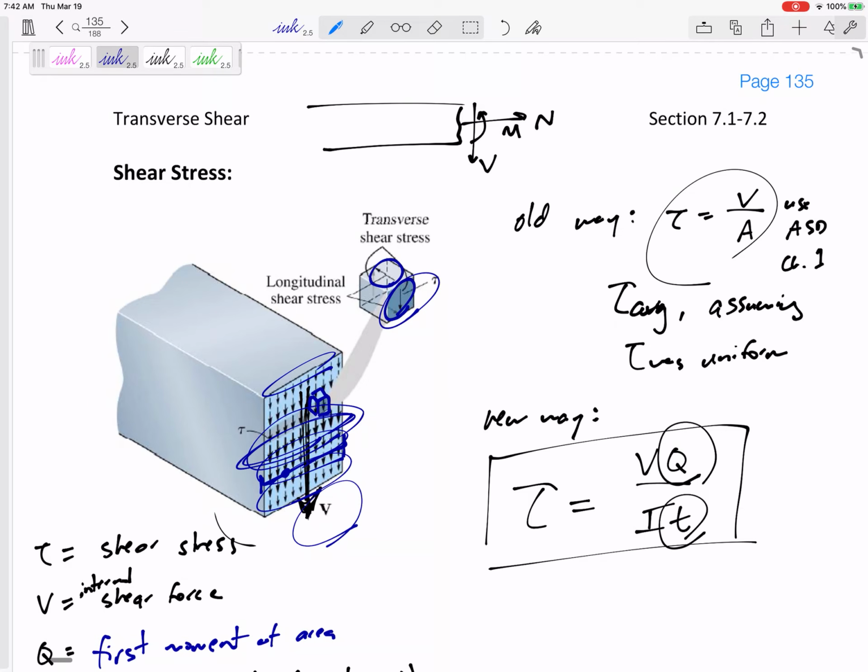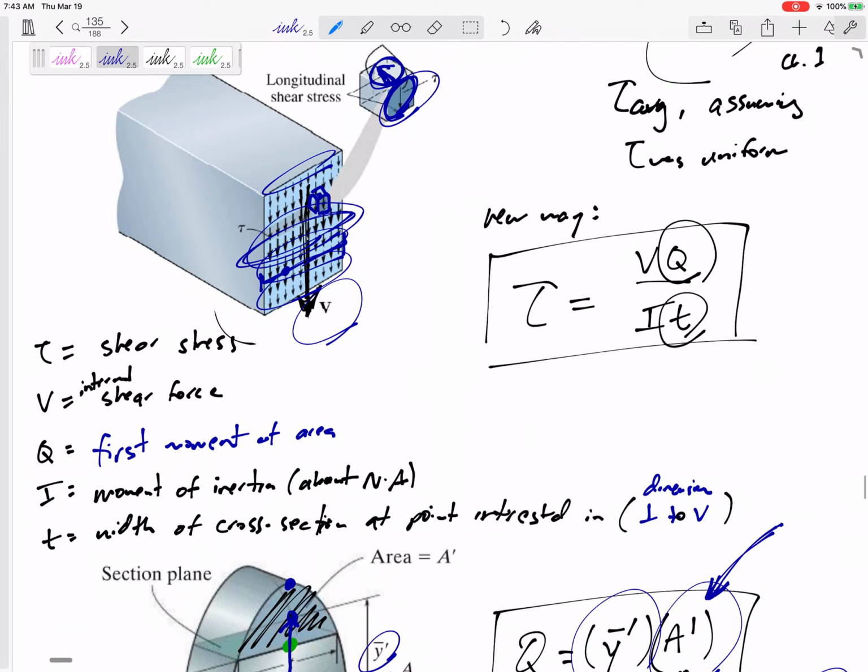It's still in static equilibrium. So it's kind of interesting that the stress on the face would be the stress right here between layers. For instance, if we had a stack of 100 pieces of plywood, you know how the plywood would rub together right here. The stress on the face, the transverse shear stress, would be equal to the stress between longitudinal planes, the longitudinal shear stress. All right, but mostly we're looking at the transverse shear stress.